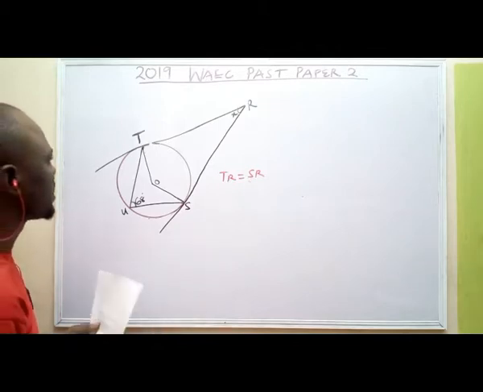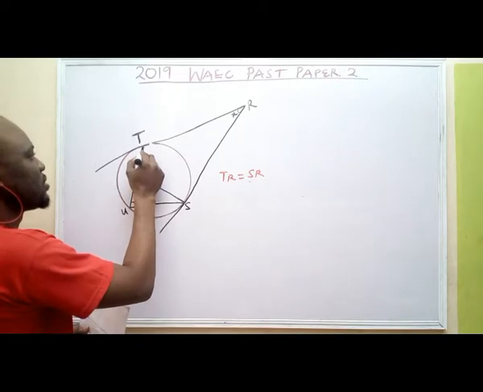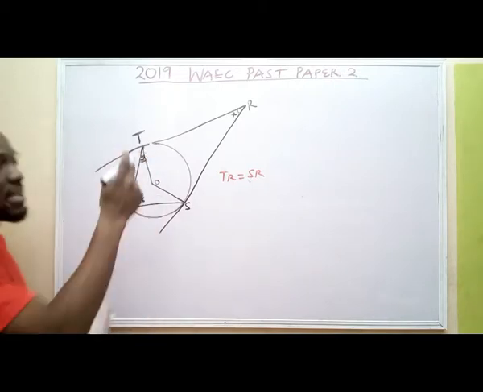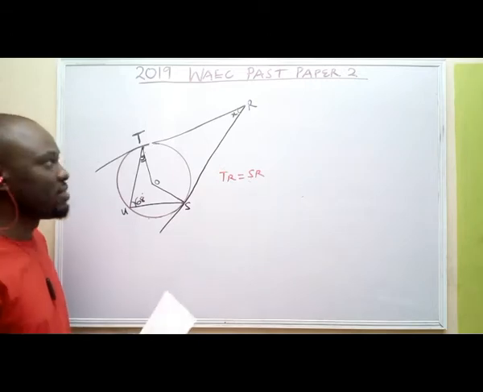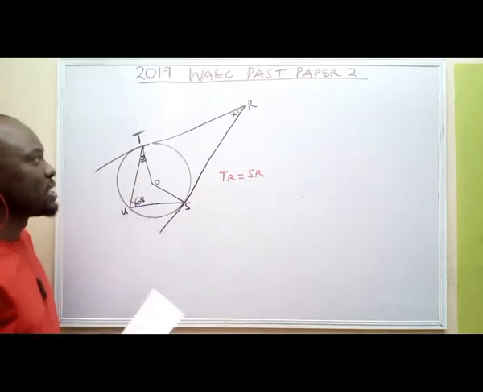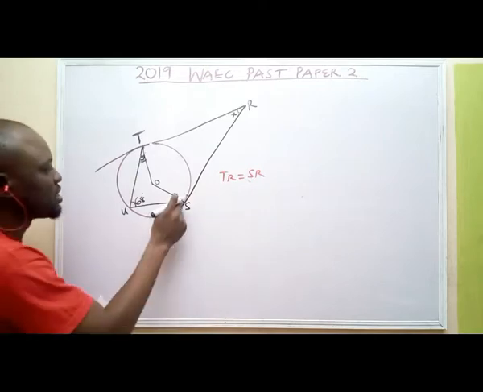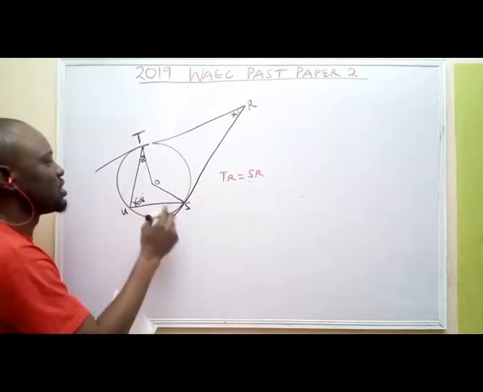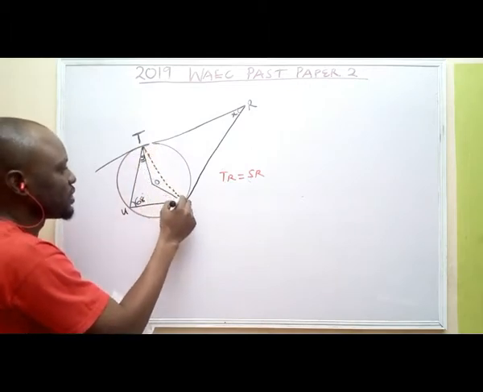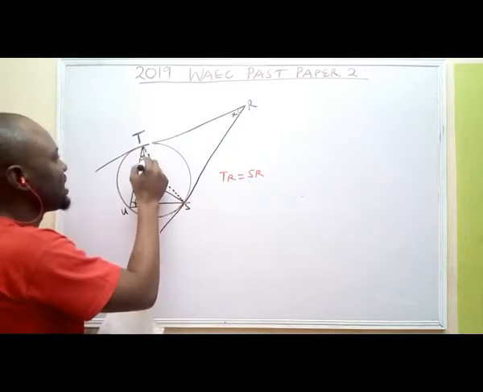I already know that this side is Y, but the question says we should look for the value of angle X. I'm going to solve for angle Y as well. Since this is a radius and this is another radius, we can project a line downward so that we can get this angle here.